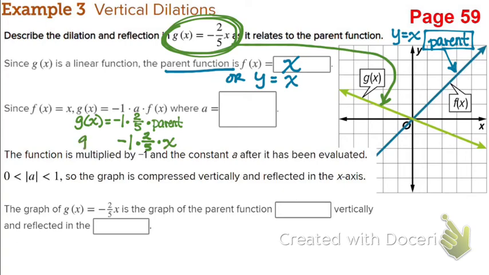What is the value that we're using as the A value? So look right up above. Here's the -1. Here's the 2/5. Here's the parent. A is 2/5. If I put that in my calculator, would that be 0 point something, or would it have a whole number and then point something? Grab your calculators, let's check it. 2/5 is a decimal.